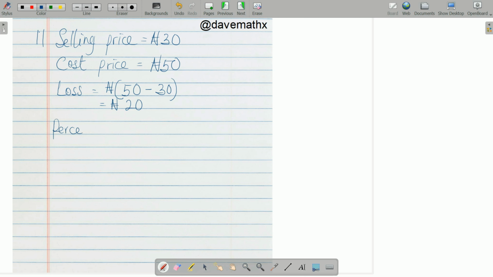So we need to use the percentage loss formula, which is loss over cost price times 100 over 1.